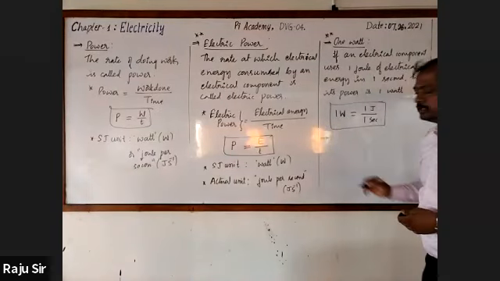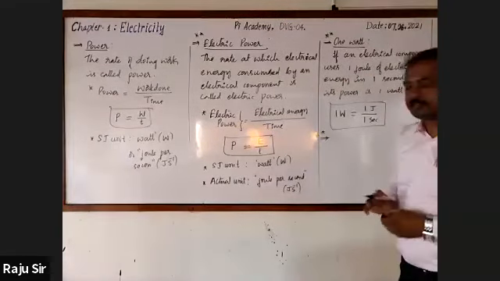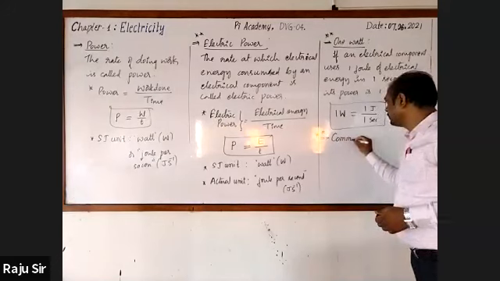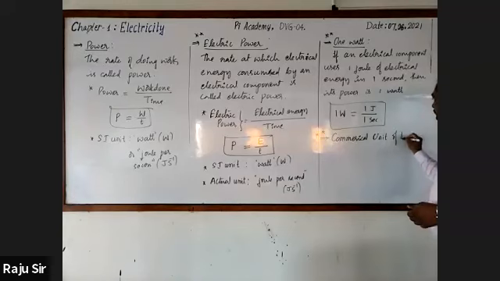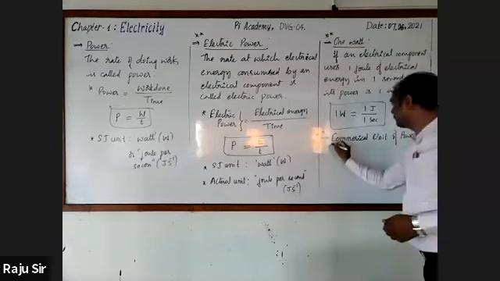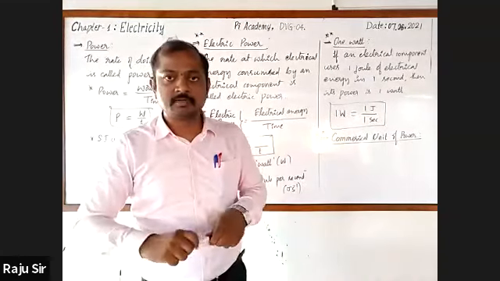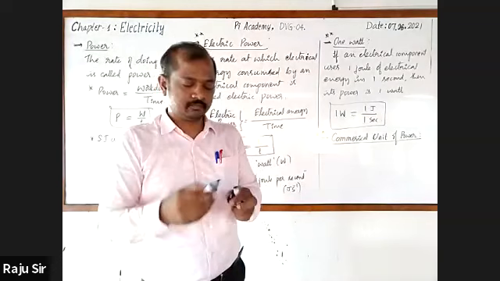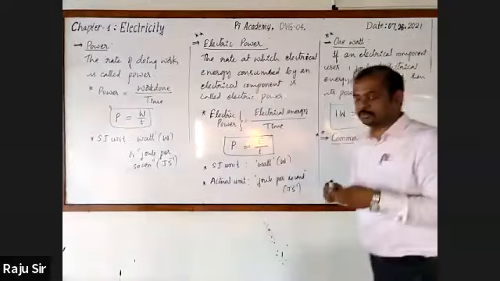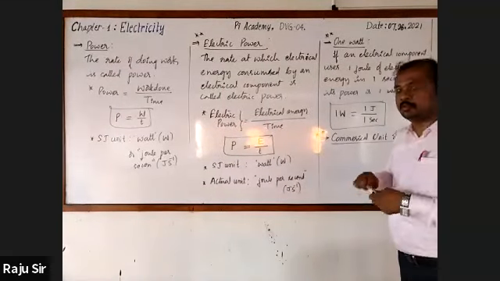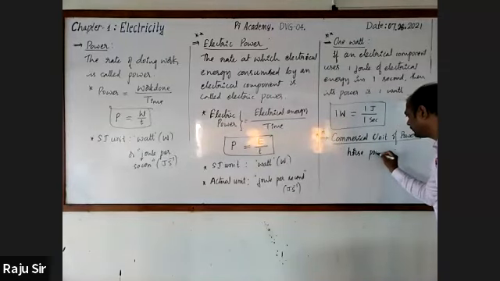Next, below that, put a double star mark and write commercial units. Commercial unit of power or electric power. This is horsepower. Commercial unit of power, here it is horsepower.